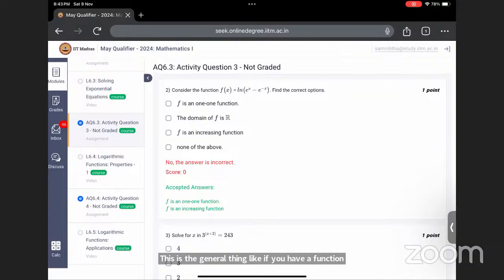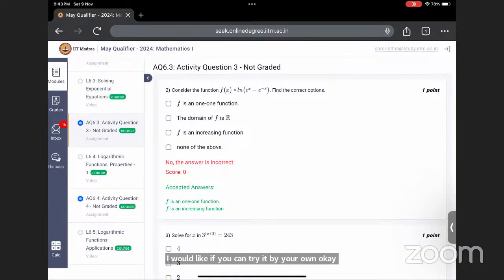If the derivative is greater than 0, then the function is increasing. If the derivative is less than 0, then the function is decreasing. If it equals 0, then the function is constant. If a function is increasing or decreasing, then it is a one-one function. So this is one way. I would like you to try it on your own. This is the hint.